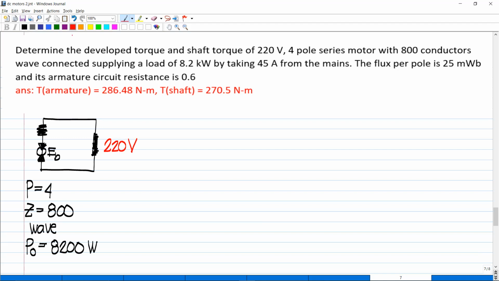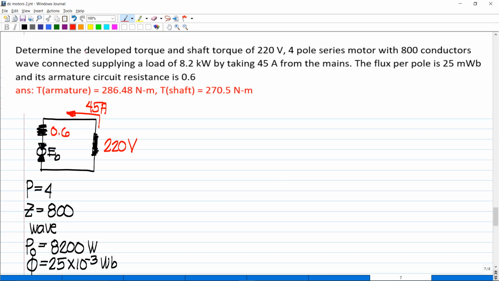And then we put in the circuit that it takes, so from the supply, our current flows to the armature at 4.45 amperes. There is also a given flux per pole, so at the bottom, the given flux is 25 milli, so 25 times 10 raised to negative 3 Weber. And lastly, the last given is the armature resistance, 0.6.